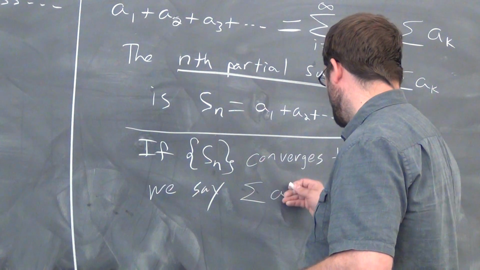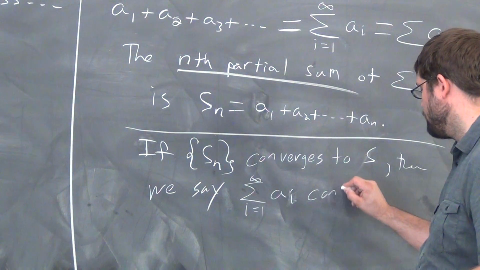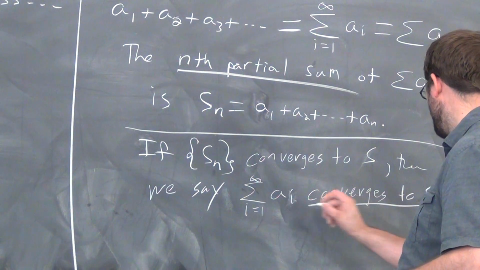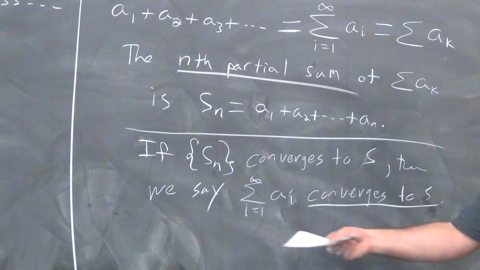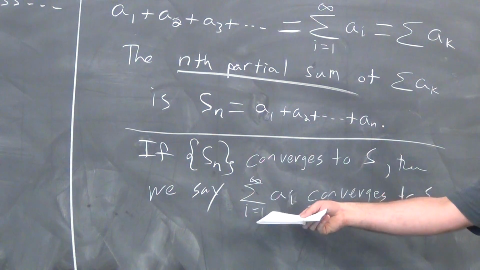I'll write it like this. Okay, so if your sequence of partial sums converges, then we say this series converges.